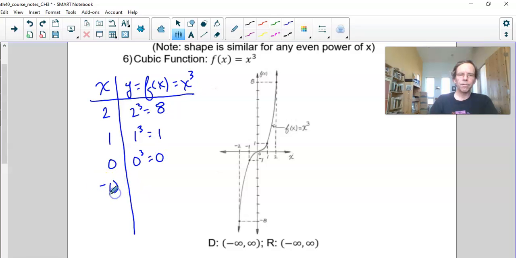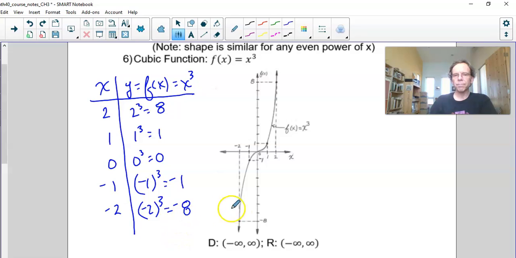We put in -1, we're going to cube that. -1 times -1 times -1. It's 1, but it's negative, because there's 3 negatives multiplying. -2 cubed is going to be 8, but 3 negatives is going to make it negative.